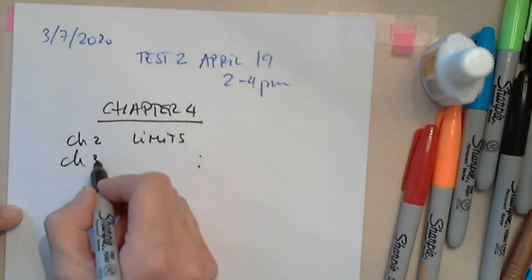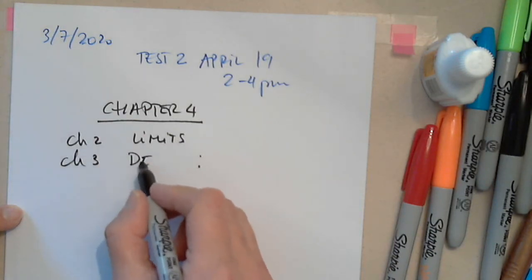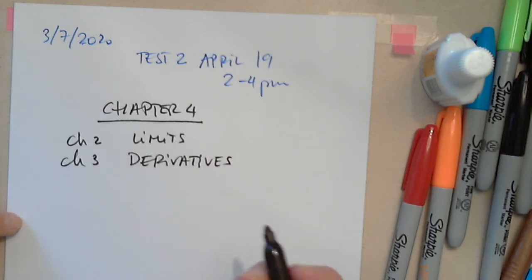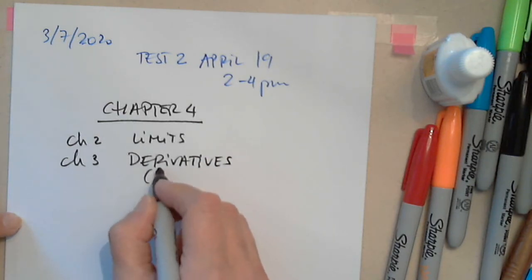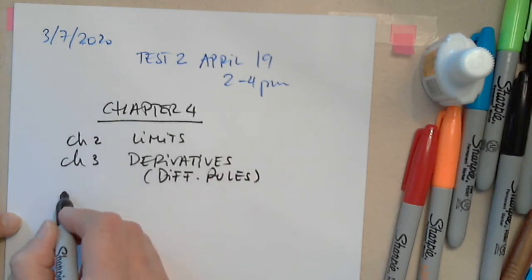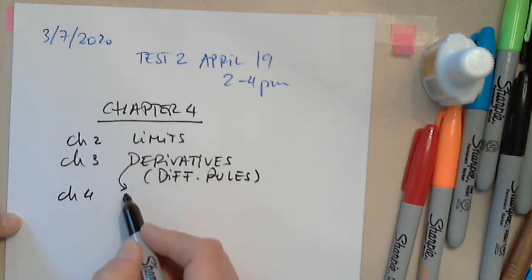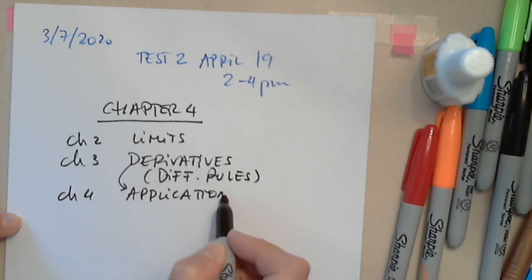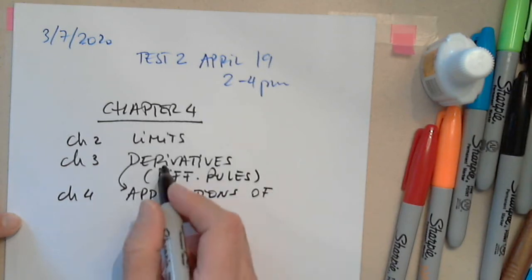In chapter 3 we talked about derivatives and differentiation rules. Well, now in chapter 4 we are going to look at applications of differentiation.